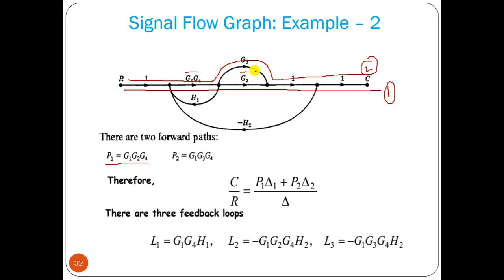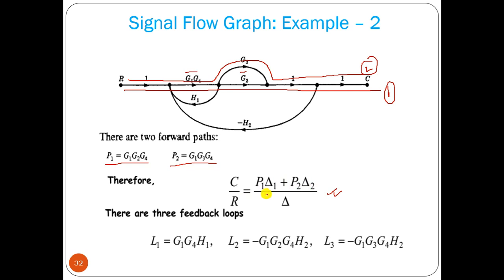From this node we can go this way, or from this node we can go that way. For forward path 2, P2, the gain is G1 G3 G4. So the transfer function formula is P1 delta 1 plus P2 delta 2 divided by delta. That is Mason's gain formula, because we have n equal to 2.